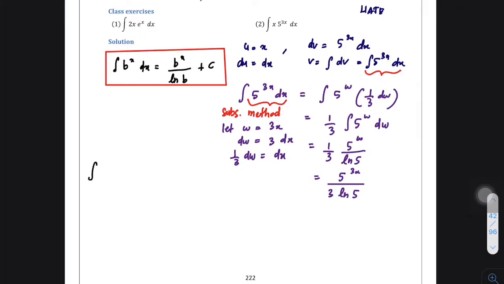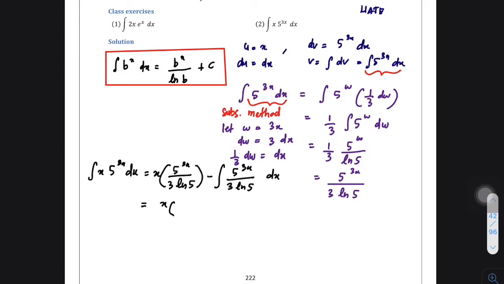Now, how to solve your question? Integrate x times 5 power of 3x dx. By applying the formula of integration by parts, uv, your u is x and your v is 5 power of 3x over 3 ln 5. Then minus the integral of v du, where v is 5 power of 3x over 3 ln 5 and du is dx.